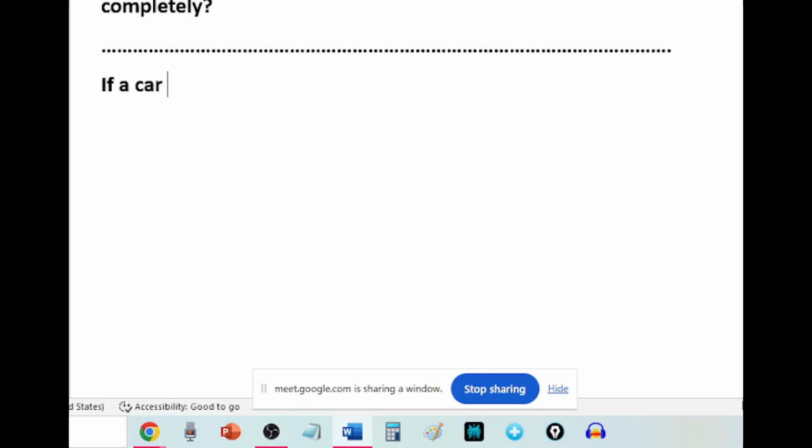If a cyclist maintains a speed of 20 meters per second, what is his speed in kilometer per hour?